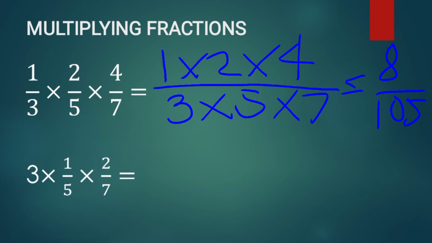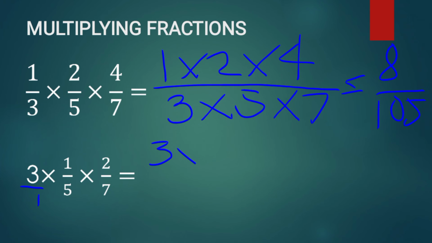Next, 3 times 1/5 times 2 over 7. Again, we have the whole number 3 with the denominator 1. Multiply the numerators or the top numbers.